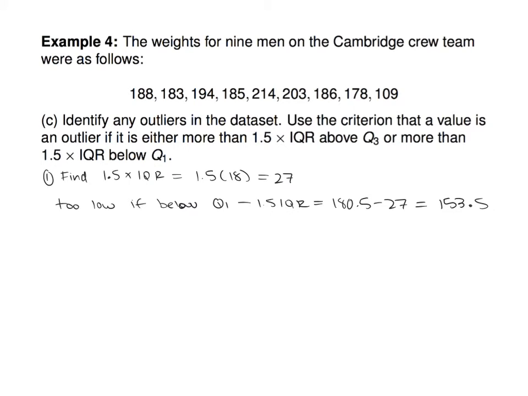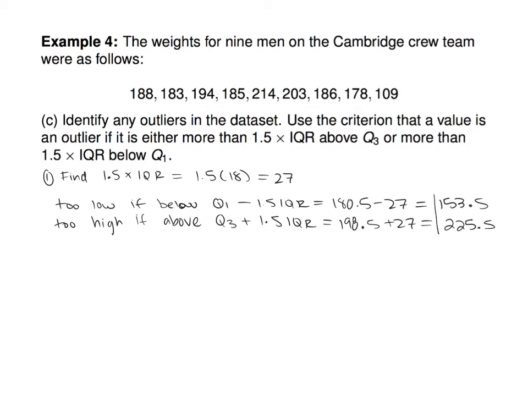So if you're below 153.5, you're an outlier on the low end. You're too high if you're above quartile 3 plus 1.5 IQR, which is 198.5 plus 27 in this particular problem, or 225.5.